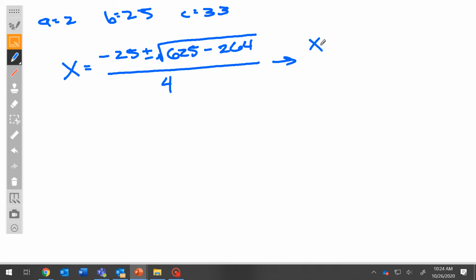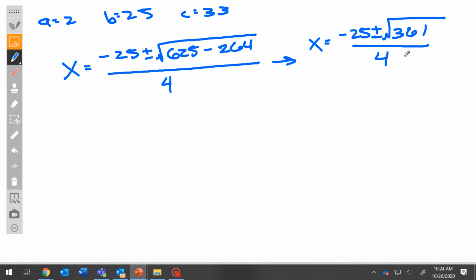All right, let's simplify this a bit. So negative 25 plus or minus the square root of 625 minus 264, which is 361, all over 4.